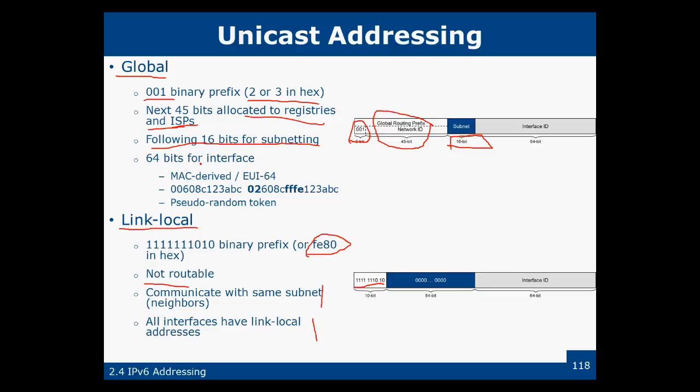We can have an EUI-64 address, and we can derive it. It's derived from the MAC address.